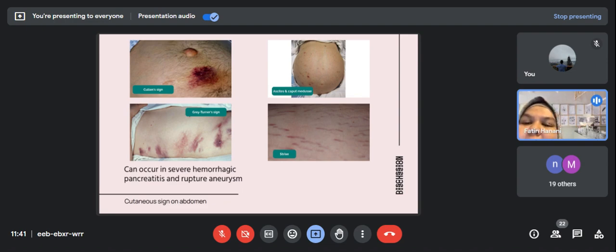So these are some of the cutaneous signs on the abdomen. We also may look for ascites or caput medusa. Ascites is accumulation of fluid in the space between the lining of the abdomen and abdominal organs. And caput medusa is one of the cardinal features of portal hypertension, which is the appearance of distended and engorged superficial epigastric veins.